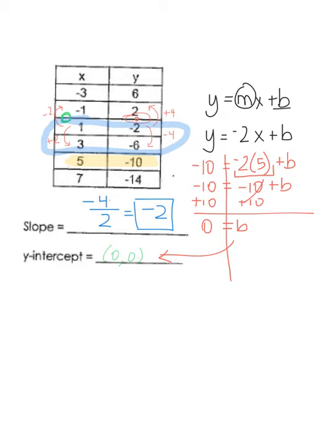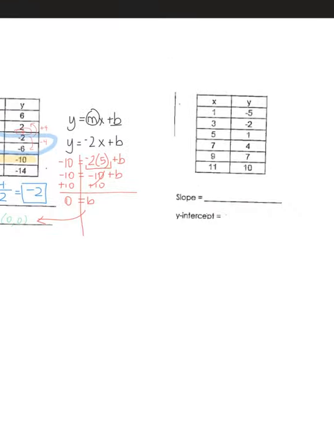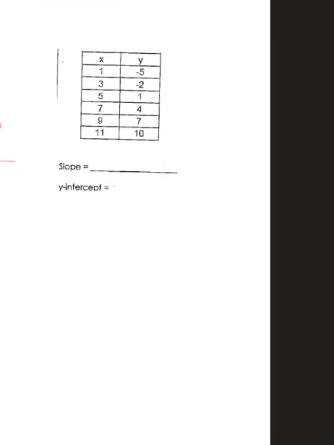Okay, so let me try that again on another example. Hopefully this isn't too much for you, but all right, start with the slope. So if I pick a pair of x and y values, whatever you want, I'll go with these ones right here. And so let's find from 7 to 9, that's up 2, so +2. 4 to 7 is +3.